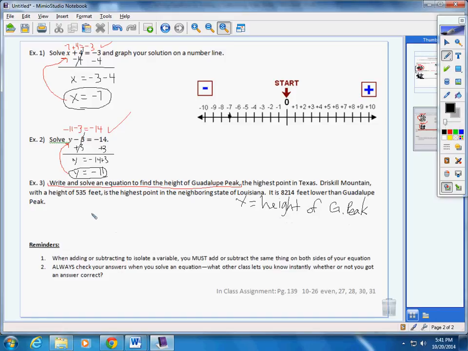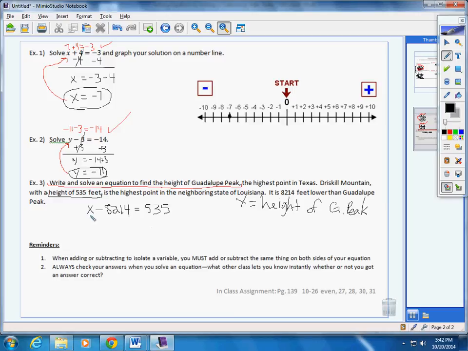So Driscoll Mountain has a height of 535 feet. It is 8,214 feet lower than Guadalupe Peak. That means you could write an equation: the height of Guadalupe Peak minus 8,214, and you can set that equal to, of course, the height of Driscoll Mountain, 535 feet.